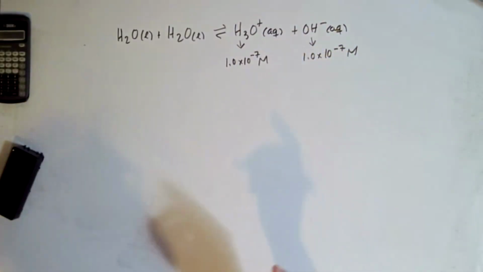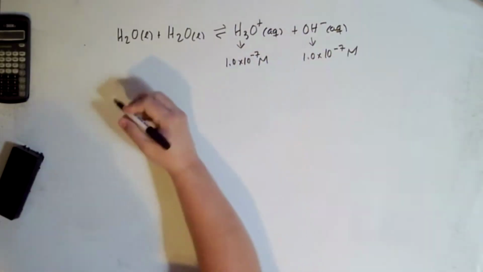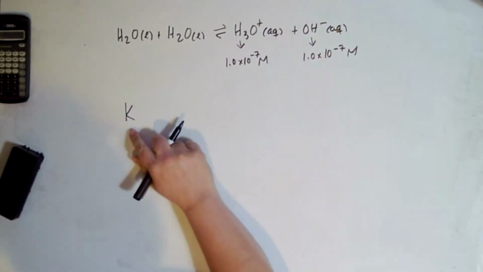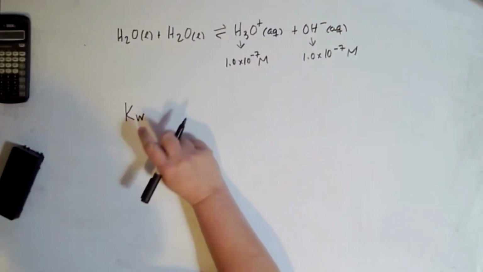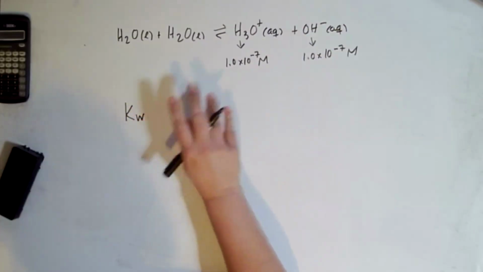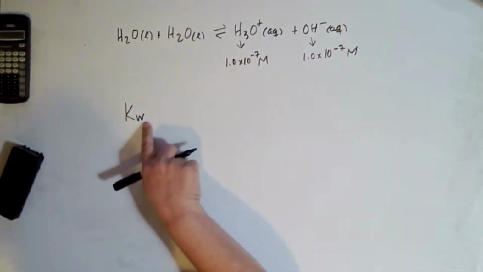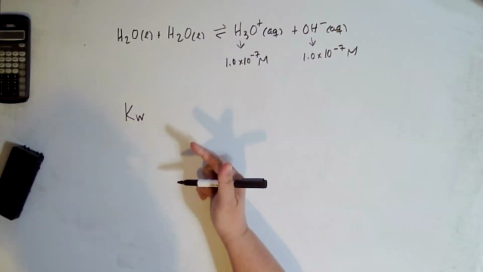Okay. We know that if this is an equilibrium reaction, that we can write a K expression for it. The K expression we're going to write for this is going to be called Kw because it's talking about water and what happens in water. So it's a K value for water, or the water dissociation constant.